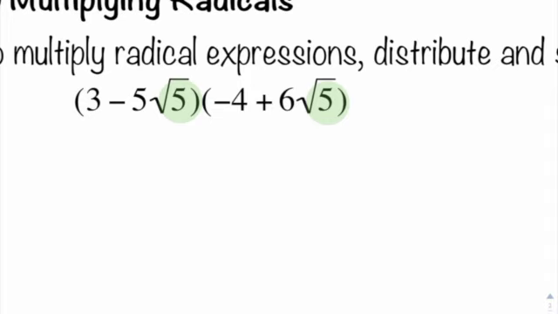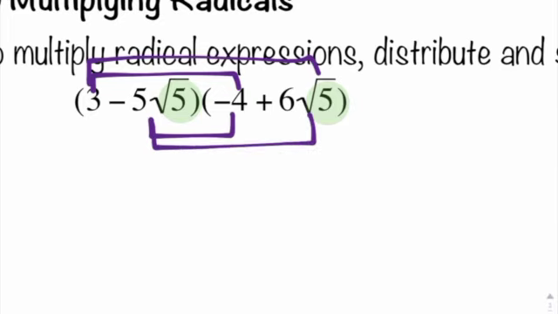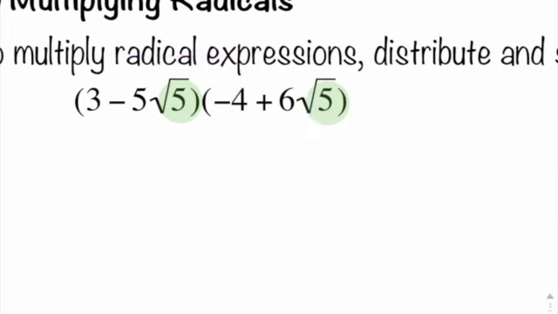So similar to the way we did this before when you were multiplying polynomials, remember that you have to do this sort of double distribution. I have to do this times this, this times this, this times this, this times this, and then combine like terms when you're done. So let's do that.